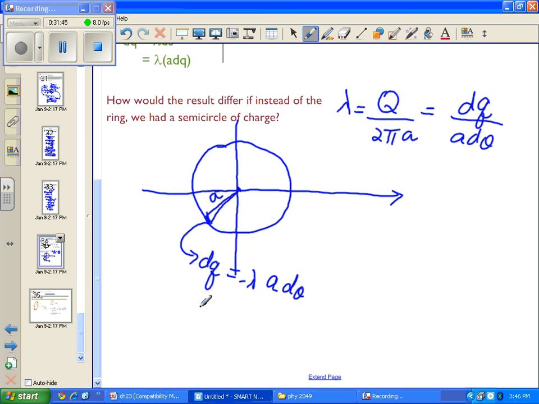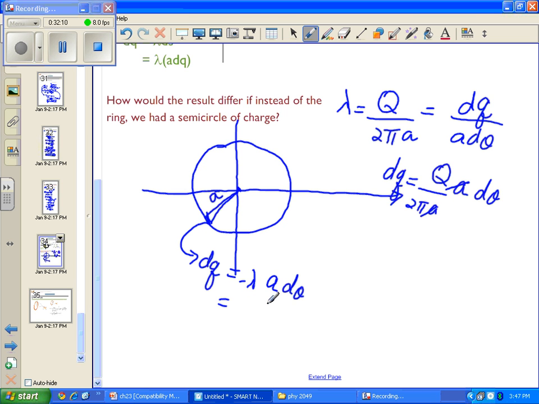Well, that means that we can now write lambda, dq as equal to big Q over 2 pi a times a d theta. And these a's cancel out.